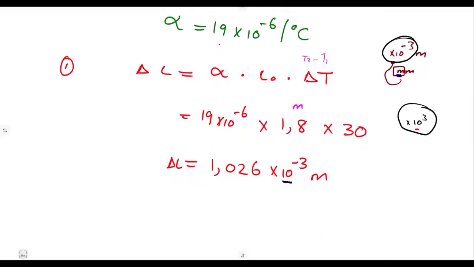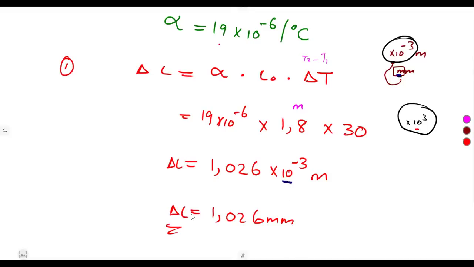Let me put it this way: to convert to a certain unit, you multiply by the opposite. 10 to the exponent of 3, because we want to have 10 to the exponent of -3 on our answer. So we multiply by the opposite. That is the idea there. So this simply means a milli. So that's 1,026 millimeters. Or you can just even write it as it is like that.